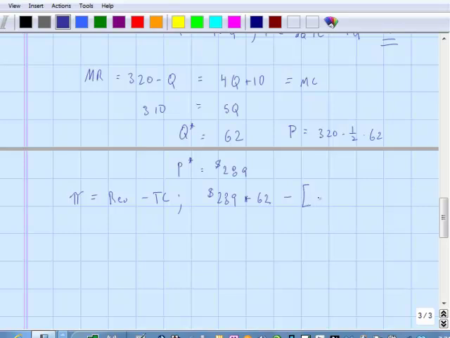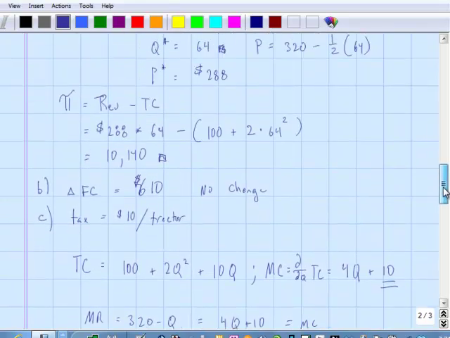New total cost function is 100 plus 2 times 62 squared plus the production tax of 10Q. Again, Q is 62. So profit is going to equal, under this, 9,510.